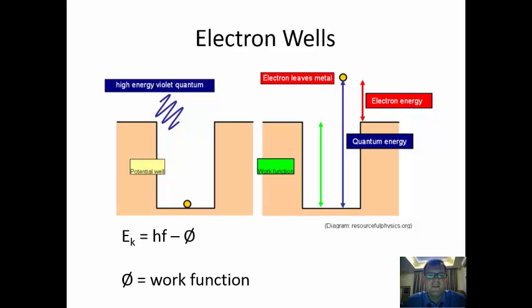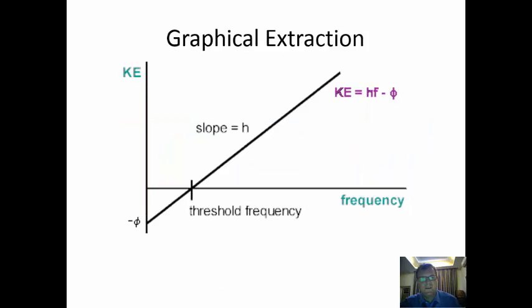So he's saying here that the quantum energy, which is Planck's constant times frequency, is going to be equal to the work function plus the kinetic energy. And this is normally shown as kinetic energy equals Planck's constant times frequency minus the work function. If we look at that graphical extraction earlier on, we recognize that there's a threshold frequency.